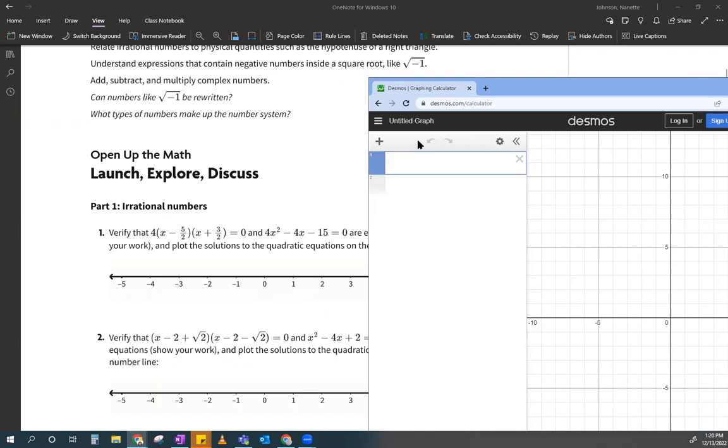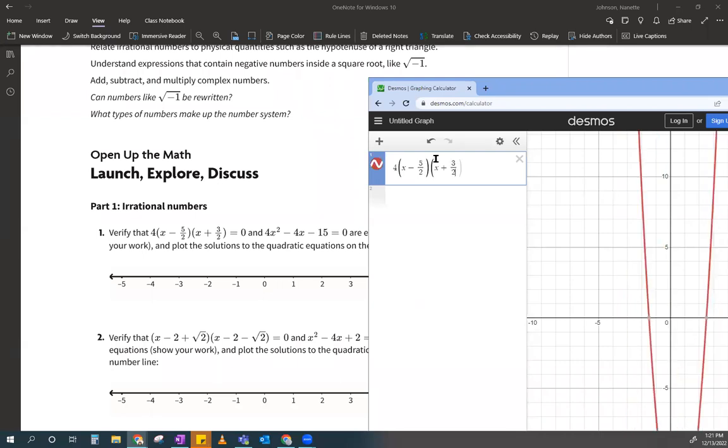And then what should happen when I plug those equations in? 4 parentheses, x minus 5 halves, close parentheses, open, x plus 3 halves. What should happen? Yeah, they should line up. They should be the same. Very good. And 4x squared minus 4x minus 15. They are the same.